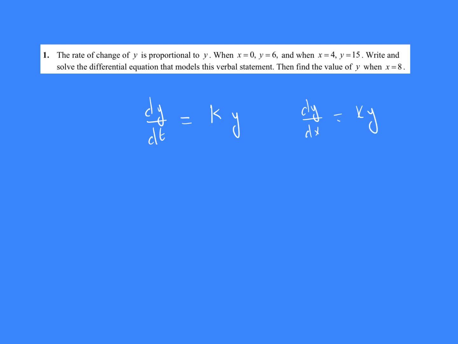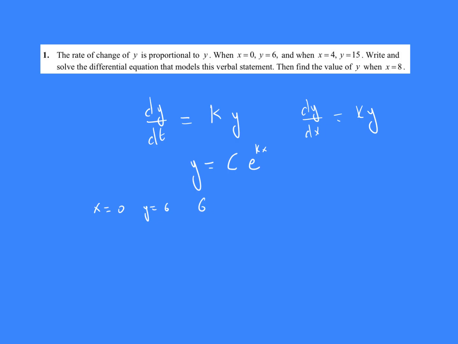Immediately that we see this equation, we know the solution. We have worked the solution in the previous example, and the solution to this differential equation is c e to the kx. Perfect. When x equals 0, y equals 6.